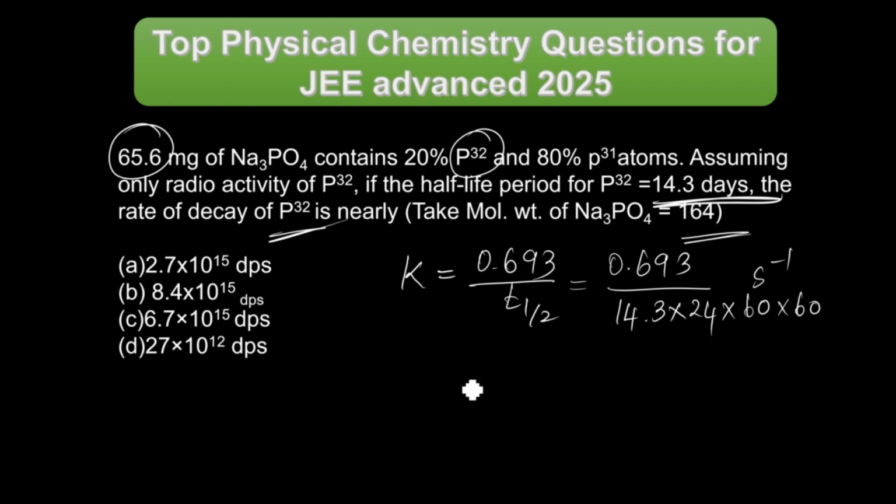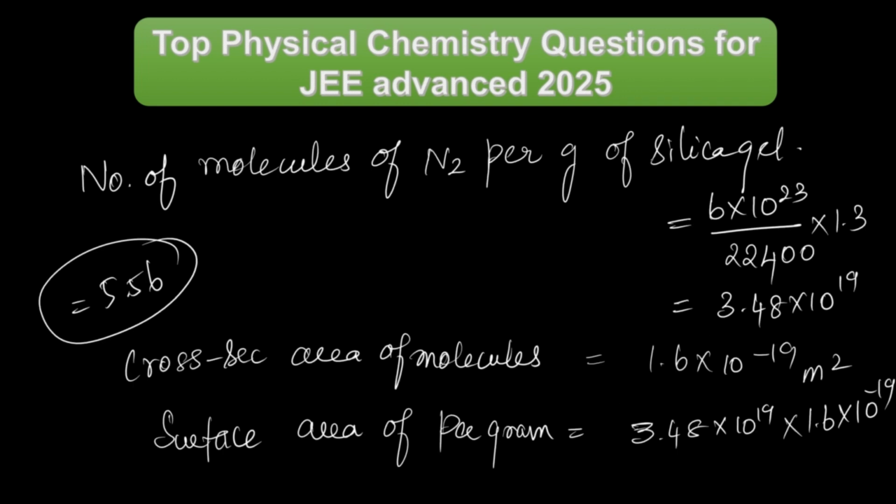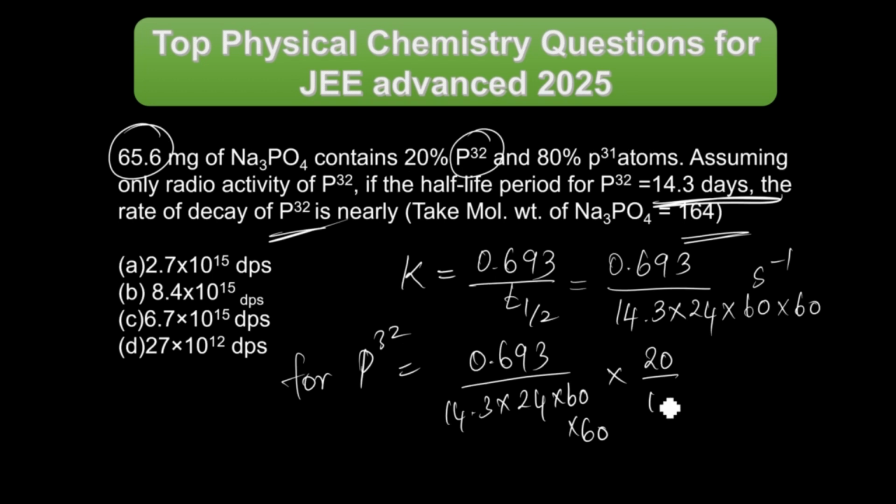So the rate of decay we are finding for phosphorus, this value into, we have to put 0.693, 14.3, 24, 60 into 60, the previous value as well, which is 20 by 100 into 65.6 into 10 to the power minus 3, 164 into 6 into 10 to the power 23 for Na value.